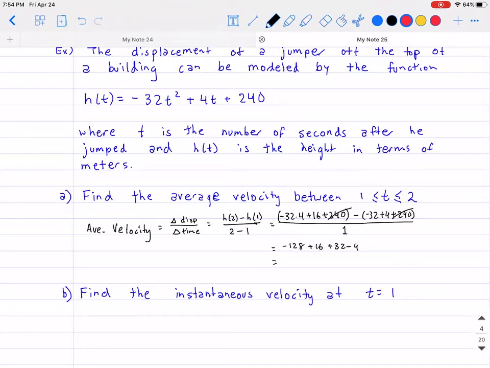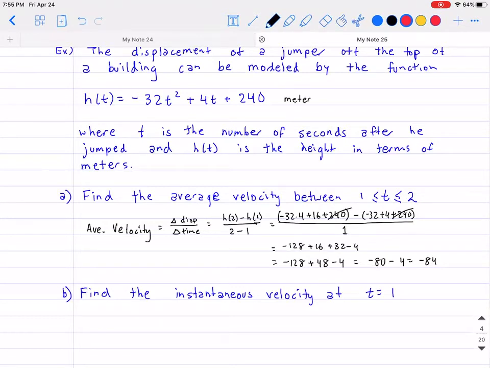So keep trimming as much as we can. Negative 128, and then add these two together. That's 48 minus 4. So negative 128 plus 48, that's equal to negative 80, and then minus 4 is equal to negative 84.